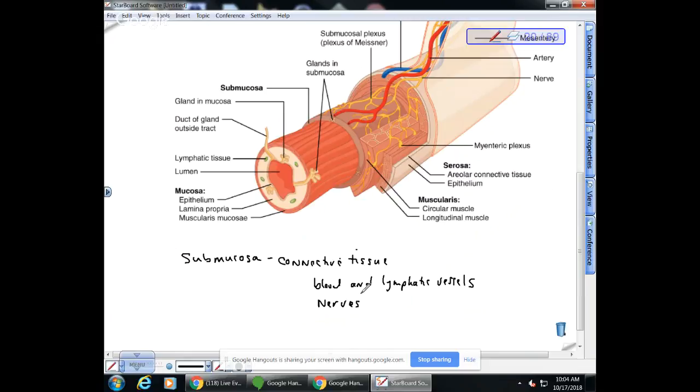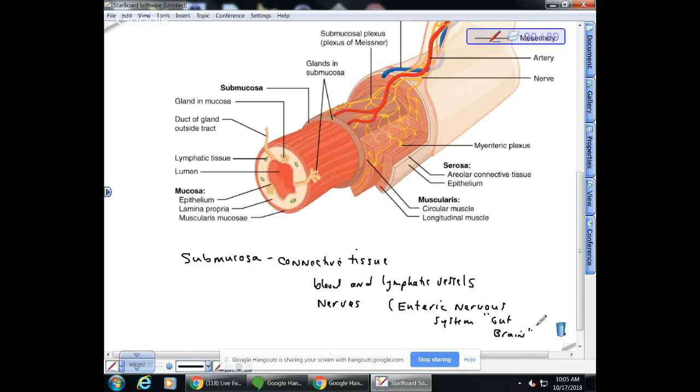So the part of the nervous system that is in control of the movement of the smooth muscle, like in peristalsis, is what is referred to as the enteric nervous system. This is what they call the gut brain.